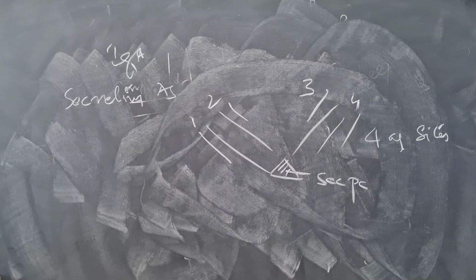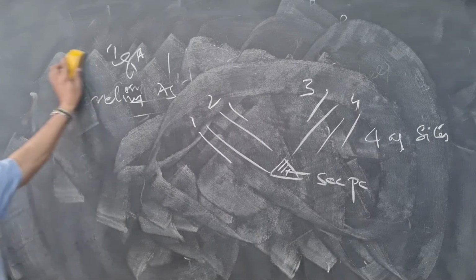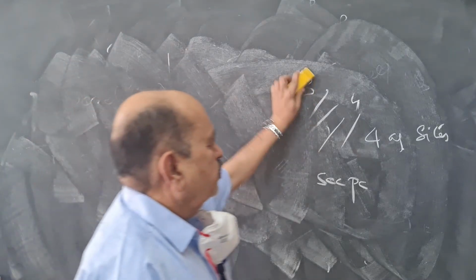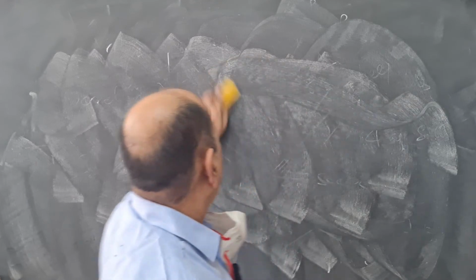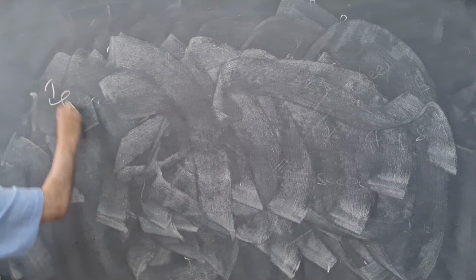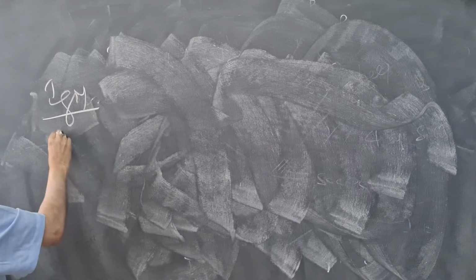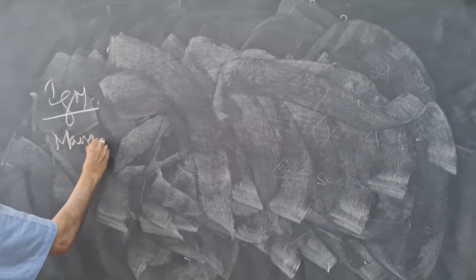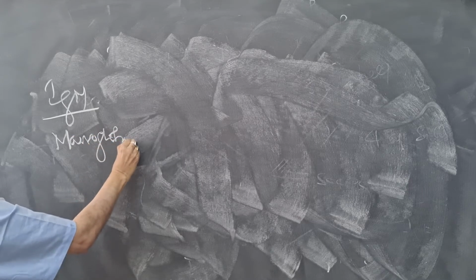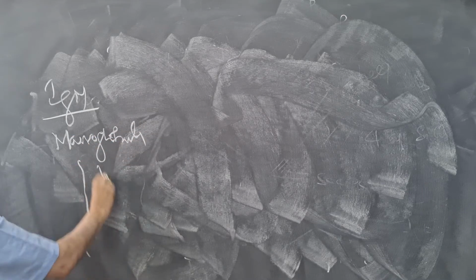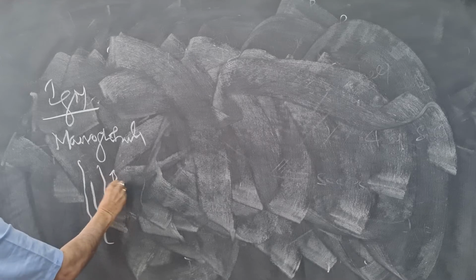Moving on to IgM. It is called macroglobulin. It is present inside the blood vessels.